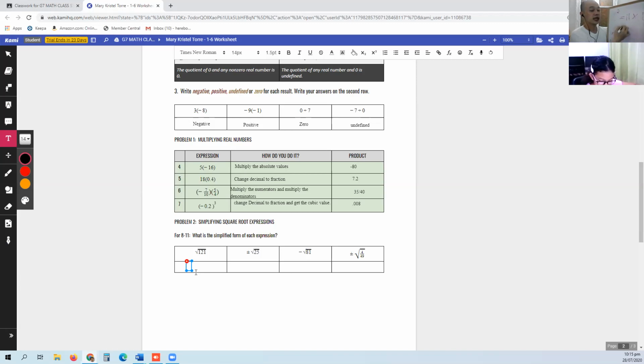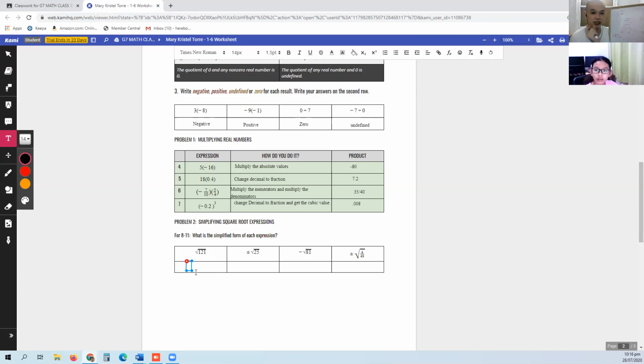So 121, it says there, square root of 121. The square root of 121 is, of course, 11. Okay, because 11 times 11 is 121. Okay?